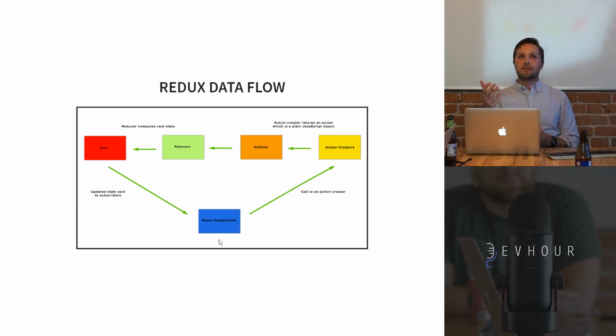A reducer then takes that action that we talked about and it computes the next version of the state and it updates the data store, which then sends the state to the subscribers of the component, or to the subscribers that are listening for that data in the data store.